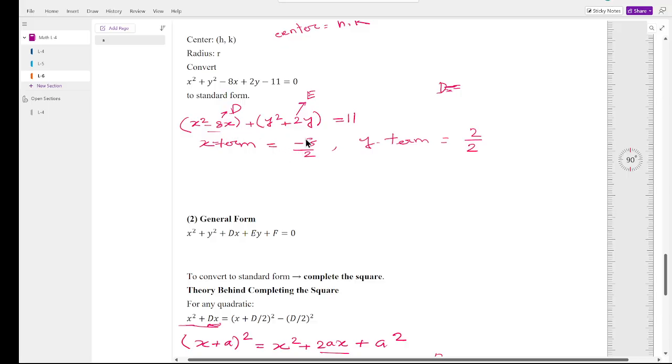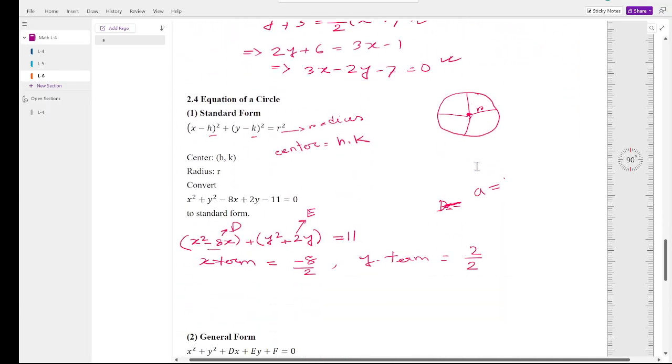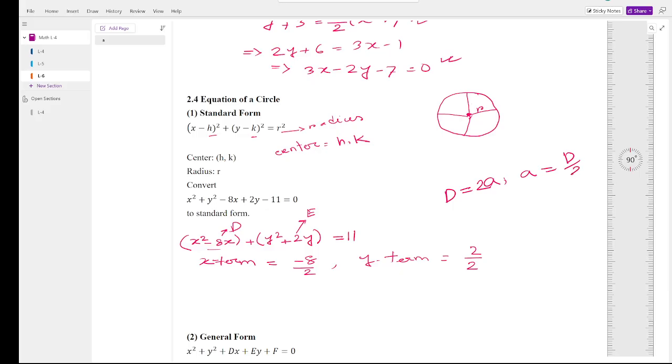This divided by 2, because a equals d by 2.